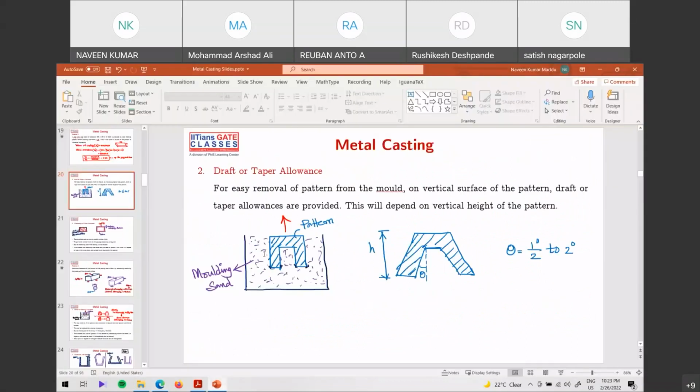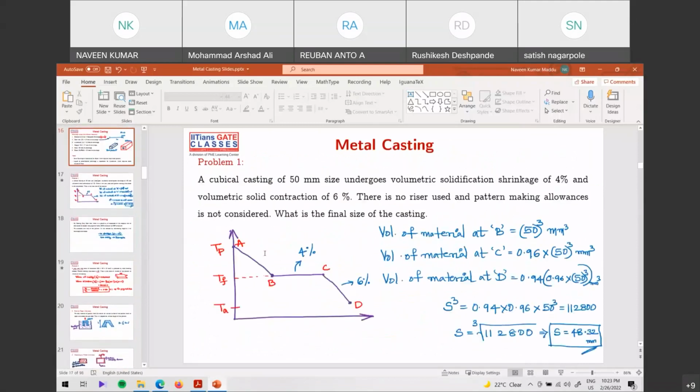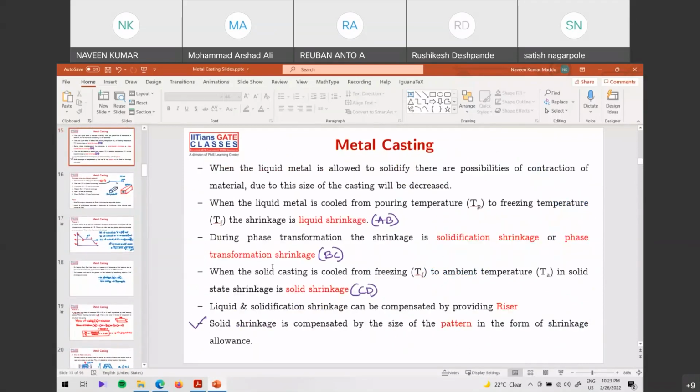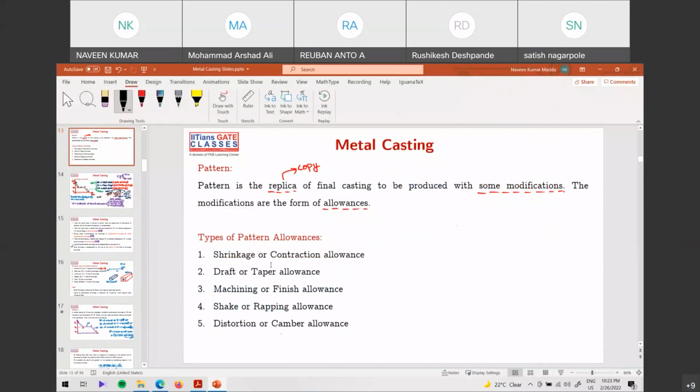Distortion has another name. What is that? Camber. Clearly you can see camber allowance. Distortion allowance is also known as camber allowance. I have clearly written here. Please do remember: shrinkage, contraction, draft, taper, machining, finishing, shake or wrapping, distortion or camber elements.